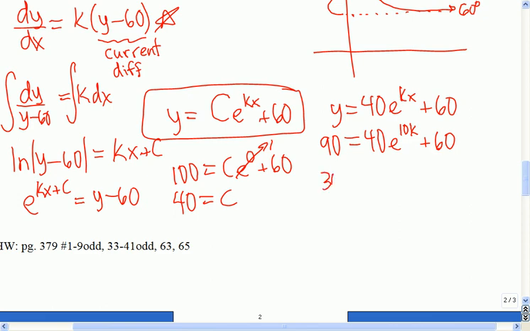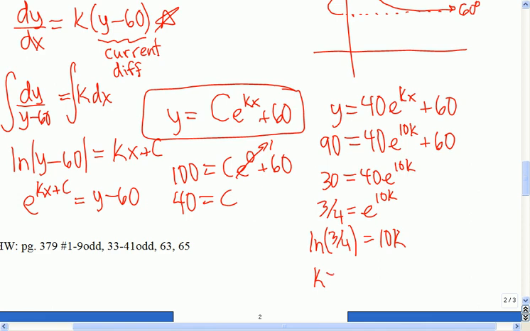So let's see here. 30 equals 40 e to the 10k, and 3/4 is e to the 10k, so natural log 3/4 will be equal to 10k, so k is natural log 3/4 over 10. So that looks like about, we'll round it there. Okay, so that would be about my continuous rate of decay in this case.